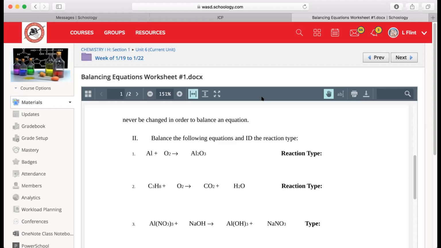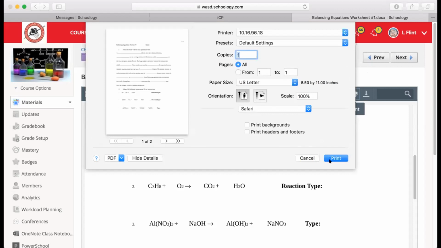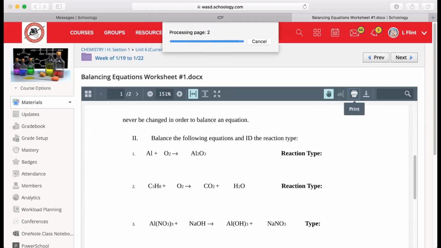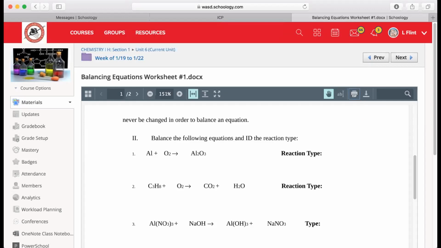Where did it go? I can just take notes on it. Yeah, I can print some out. Let's see, balancing equations. I'll grab it.